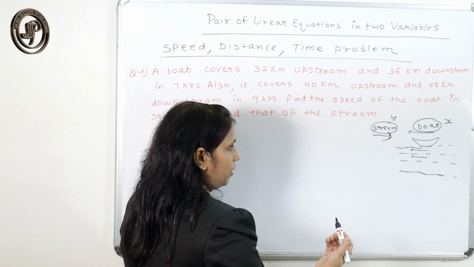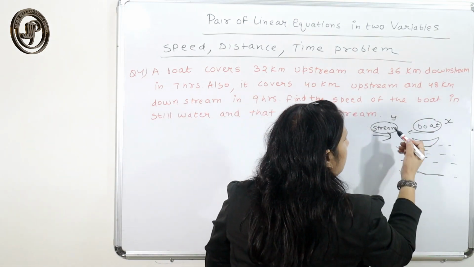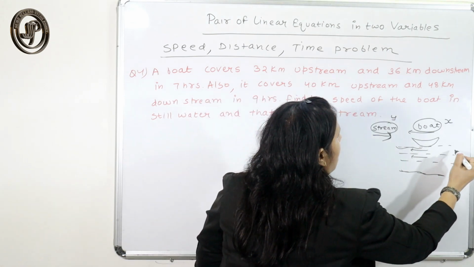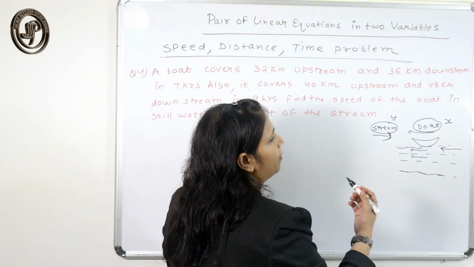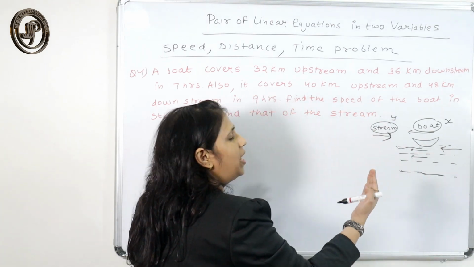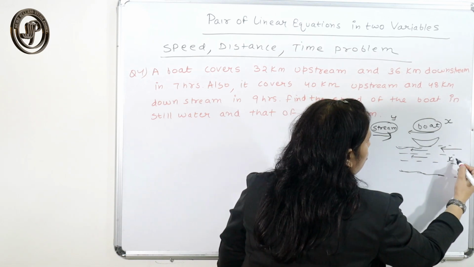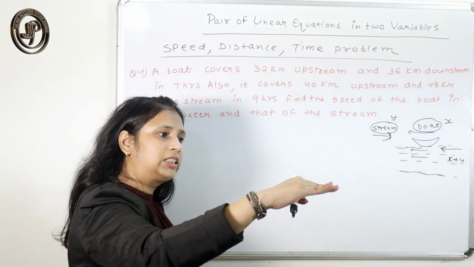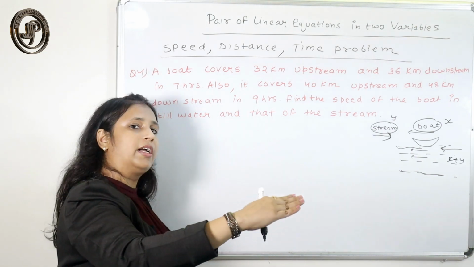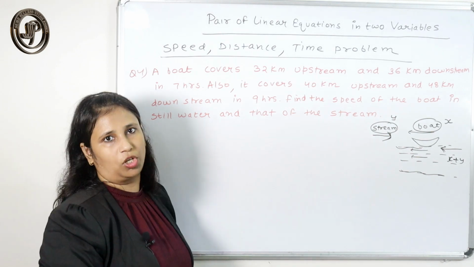But what happens in downstream? If the boat is coming in this direction and the stream is also flowing in this same direction, then the speed of your boat will increase slightly. That will be downstream, meaning the boat goes in the same direction as the stream, along with the stream.